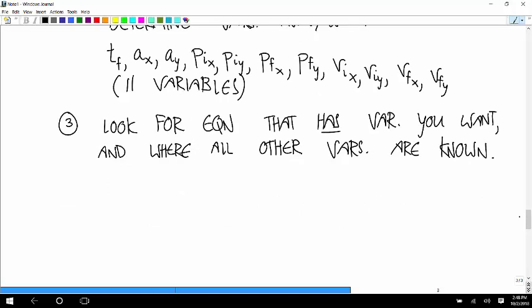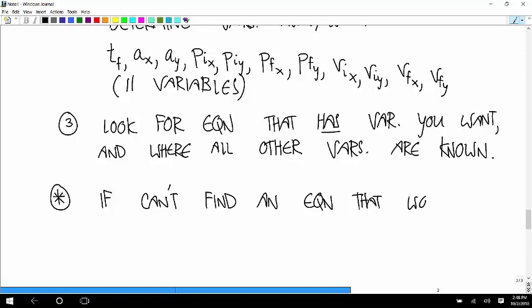That was almost always the case in 1D. There are sometimes cases where you have to find an intermediate variable. In 2D, it's more common that you're going to have to first go back and find an intermediate variable. So we called this step star before. If you can't find an equation that works, look for an equation that'll let you solve for an intermediate variable.